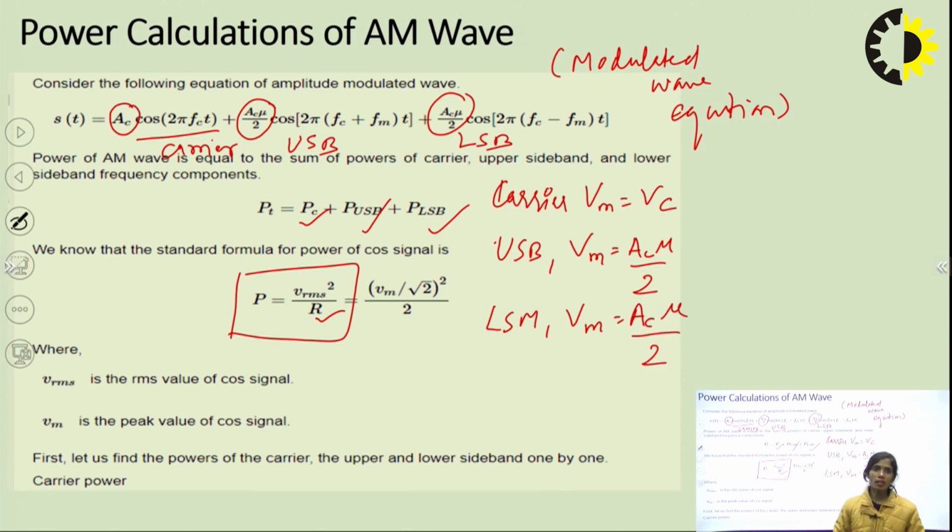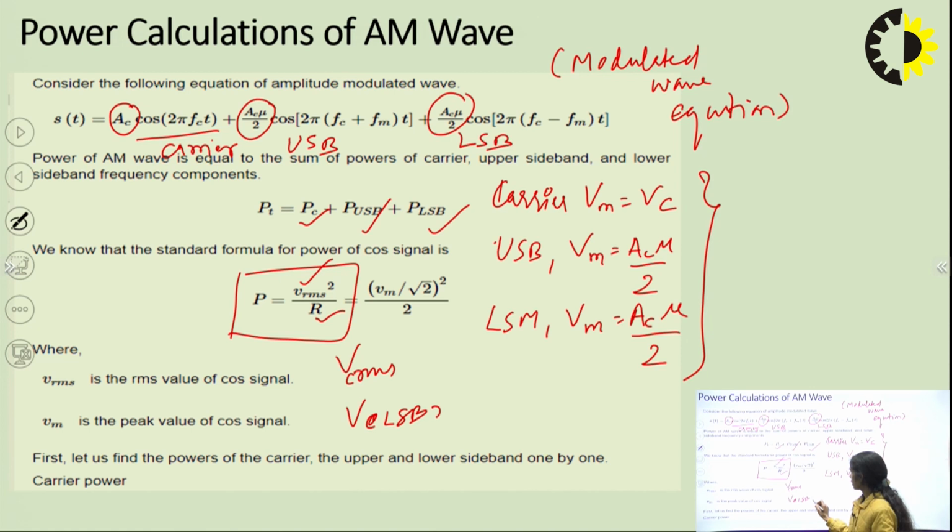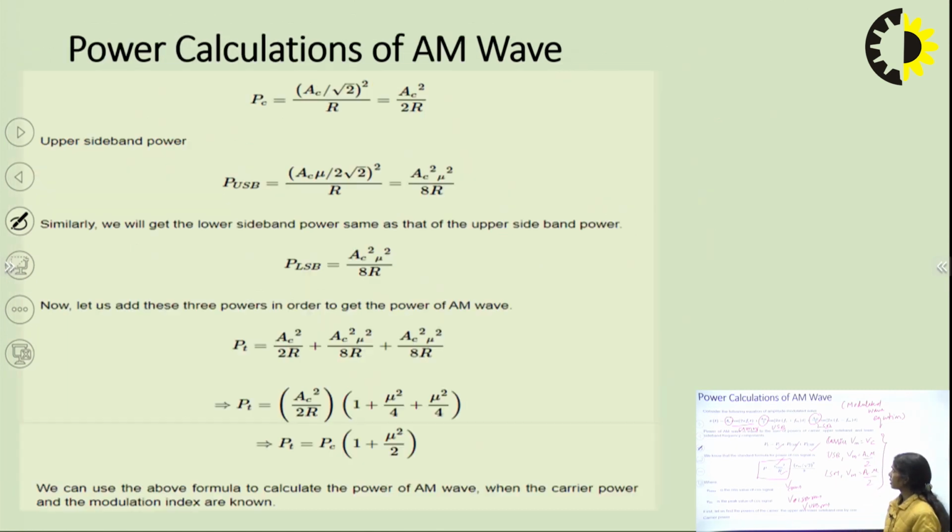These are the peak amplitudes, and from these we first find the RMS values: Vrms for the carrier, Vrms for the lower sideband, and Vrms for the upper sideband. This can be calculated step by step.